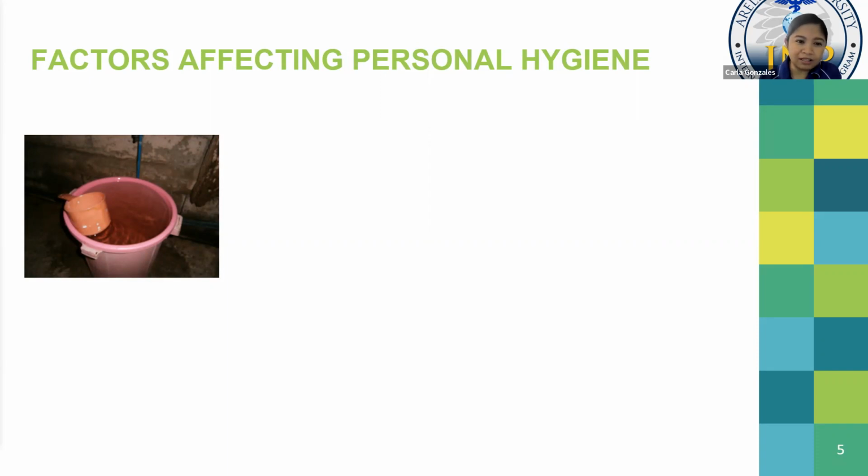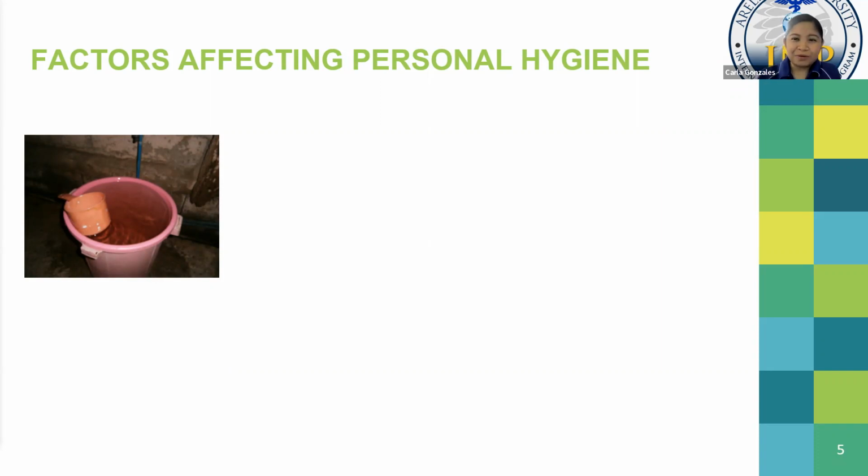And anyone, any idea also? Ella, what do you think of? It's for taking a bath. Taking a bath. But when you see tabo and timba, Bianca? Easily contaminated po. Easily contaminated, very deep thinking from Bianca.